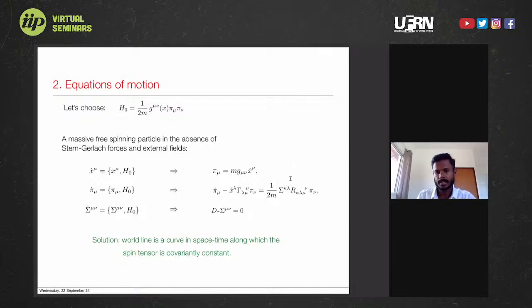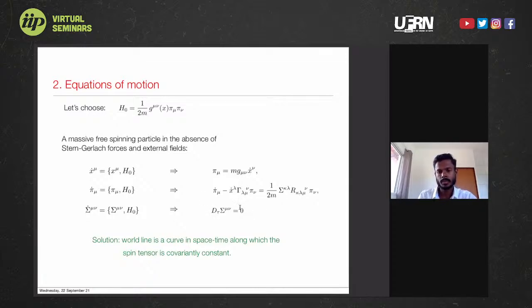And on the right-hand side, suppose you replace this spin with charge and this Riemann tensor with electromagnetic field strength, then this is the Lorentz force, the electromagnetic Lorentz force, right? So in analogy, this is called the gravitational Lorentz force. The spin interacting with the Riemann tensor is called the gravitational Lorentz force.